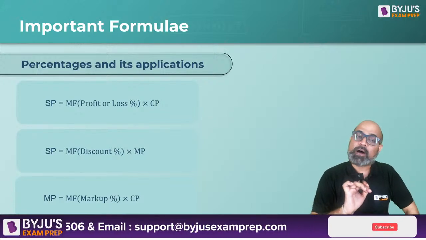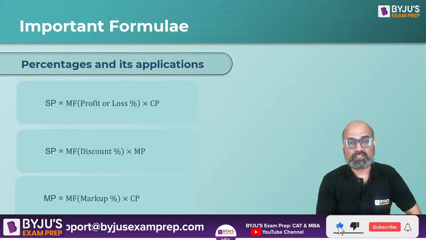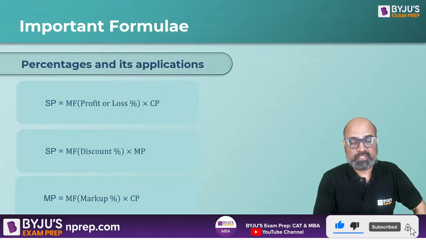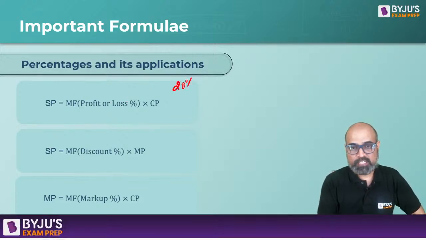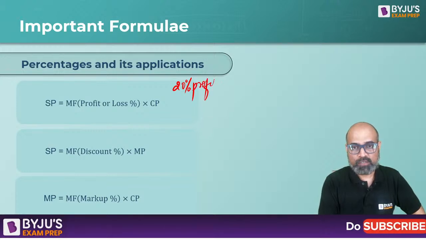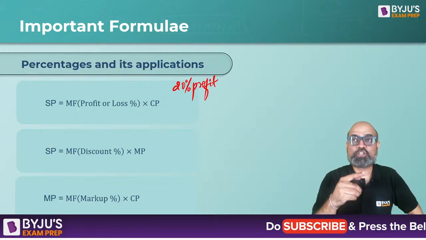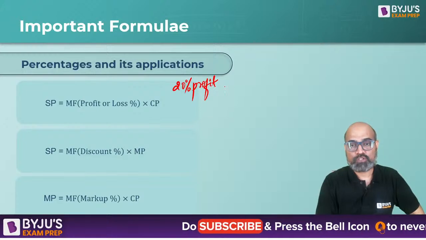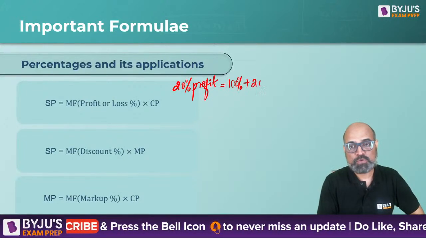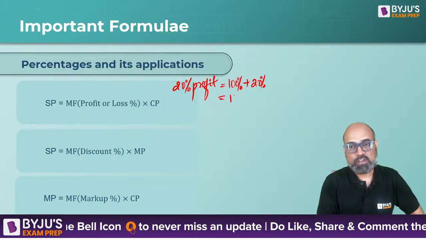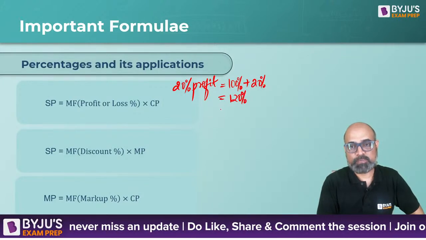This is the next part, which is the multiplying factors. Okay. So let's try to learn this. So whenever you are given a 20% profit, profit is another word for 20% more. So 20% profit can be written as 100% plus 20%, which becomes 120%, which becomes 1.2.